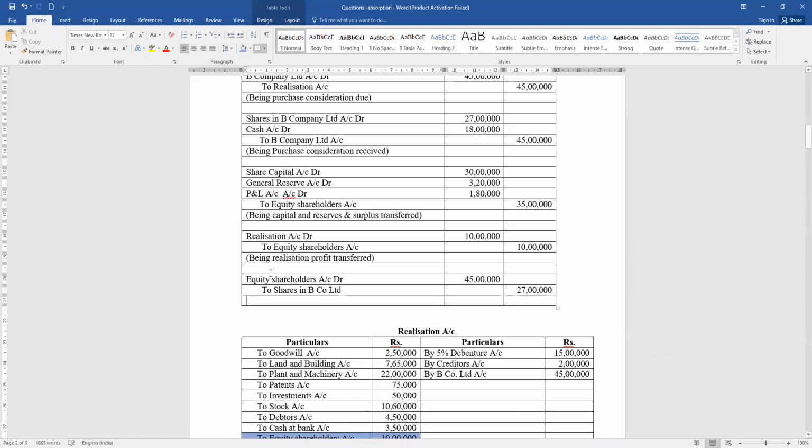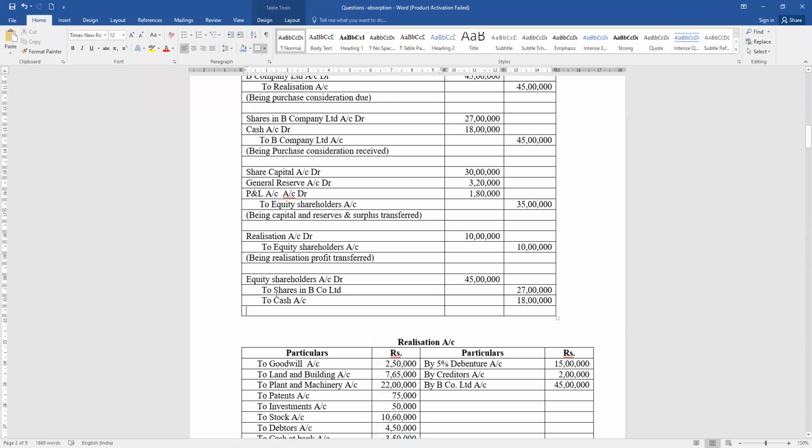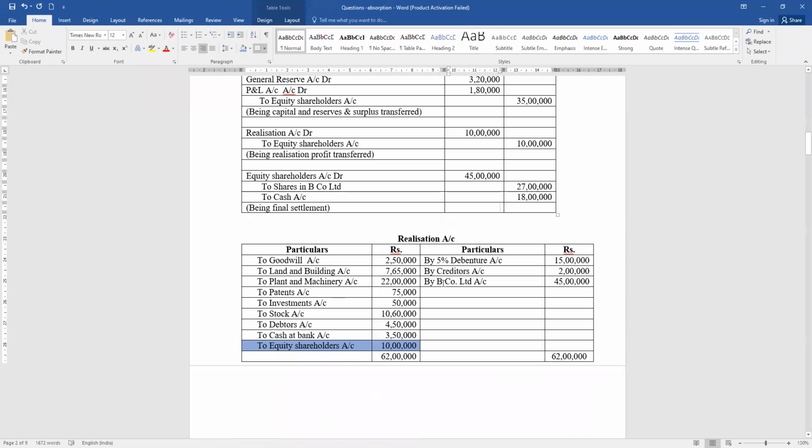Then to cash account, that is 18 lakhs. So totally 45 lakhs worth. Okay, this last entry is the final settlement. So all the entries are over.